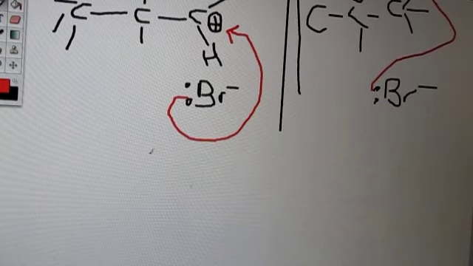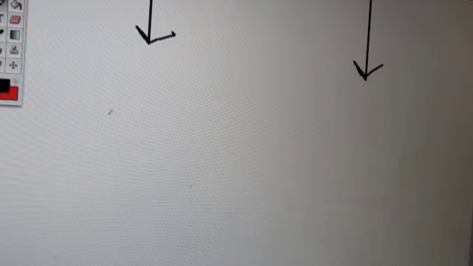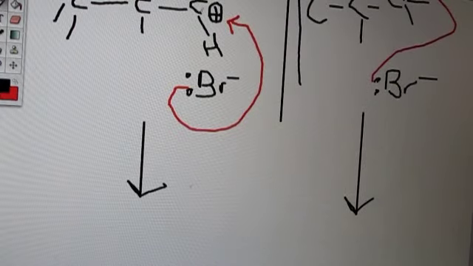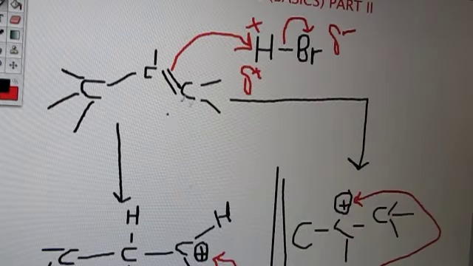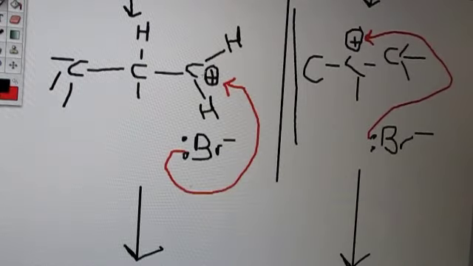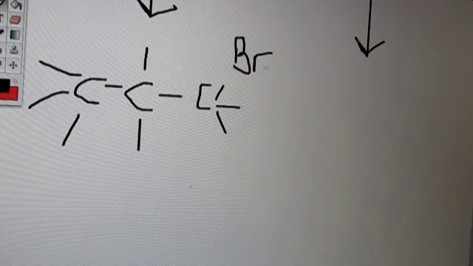So if we look at the final products of each, we will see that from here, the bromine has gone to here, so the propene has become a 1-bromopropane. So I'll just draw a bromopropane with this bromine here.